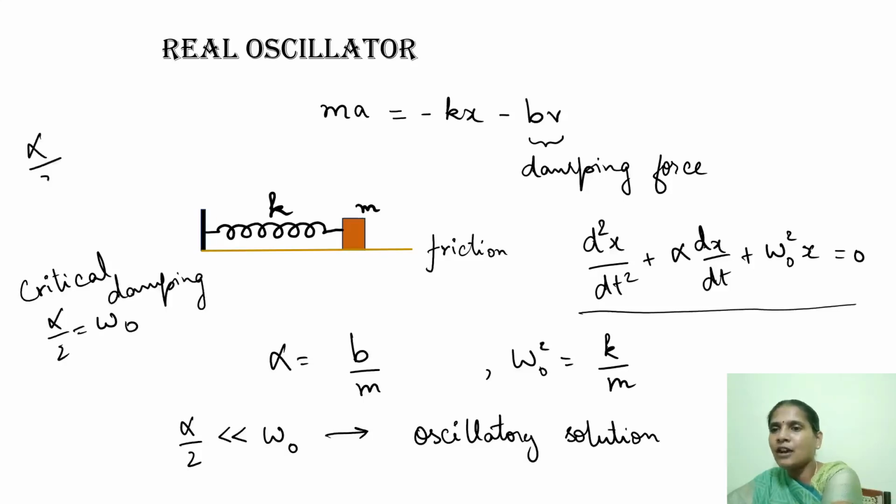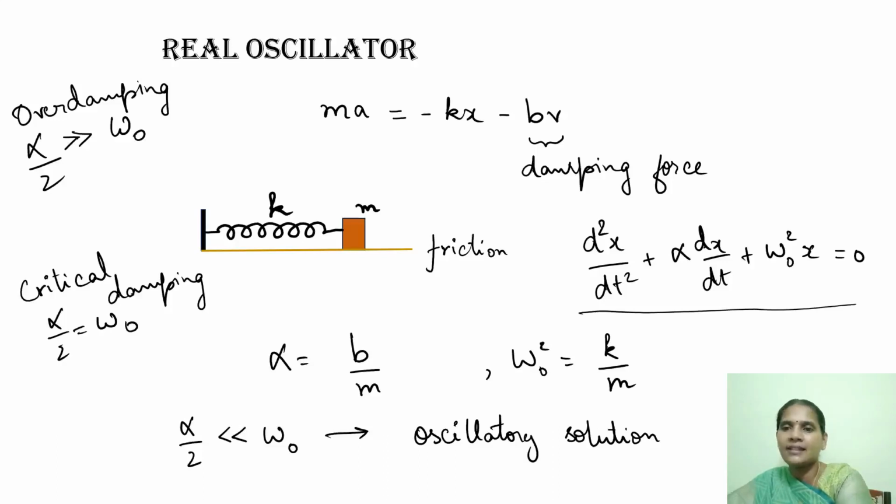Whereas if alpha by 2 is very much greater compared to omega naught, the system is said to be overdamped. So real oscillators fall under these three categories. Either systems exhibiting oscillatory solution, or critical damping, or overdamping.